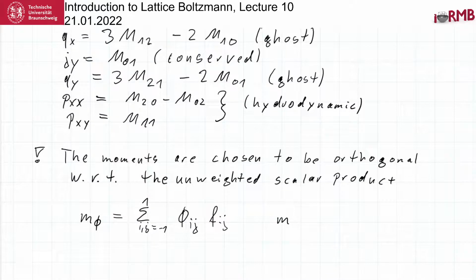And then there is another moment, m psi, and this is ij from -1 to 1, psi ij fij.